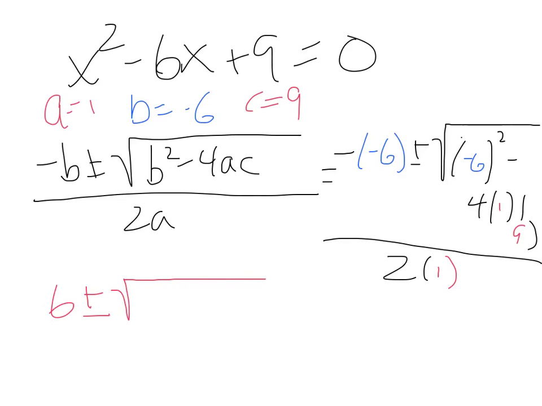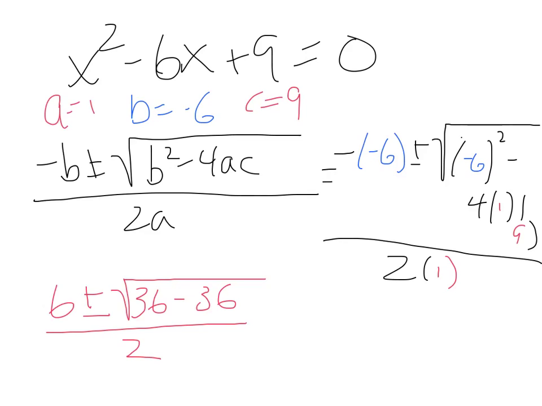What's negative 6 squared? 36. 36 minus 4 times 1 is 4 times 9 is what? Do you have it? Pay attention, please. 36. 36 minus 36 all over 2 times 1 is 2.